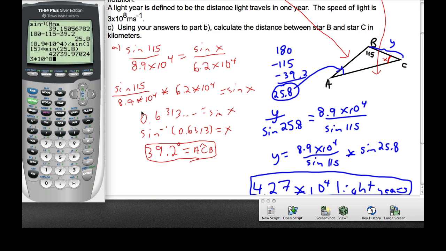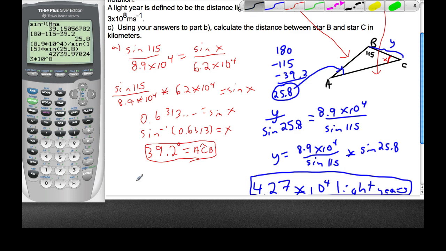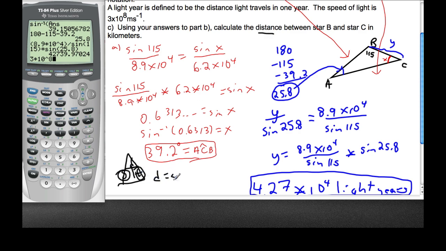Well, we know that speed is distance over time. Okay, we know the time and we know the speed. So we want to find the distance. So distance is speed times time. We have one thing here.